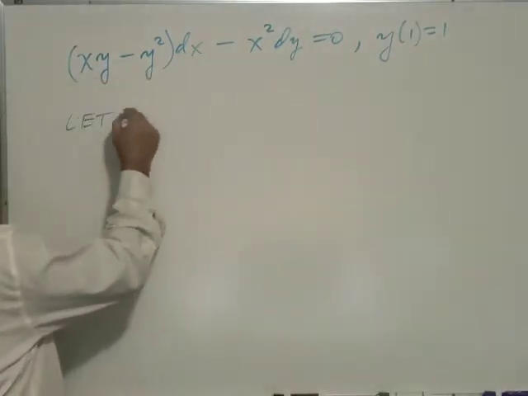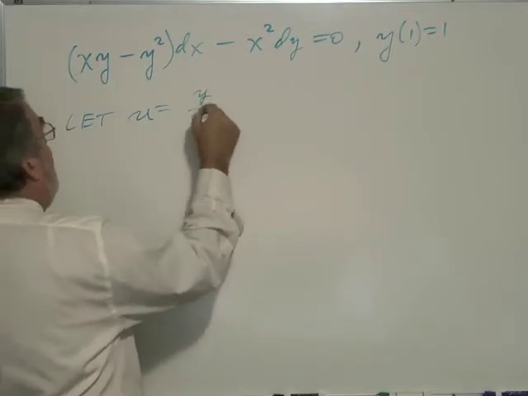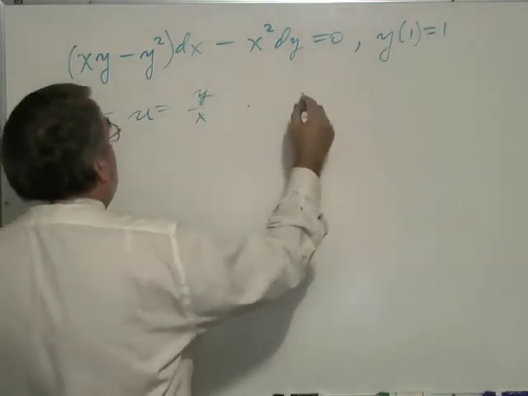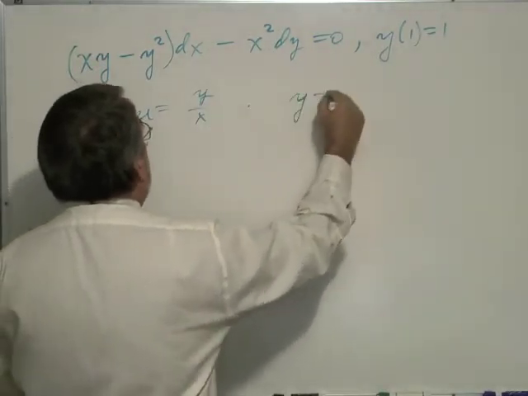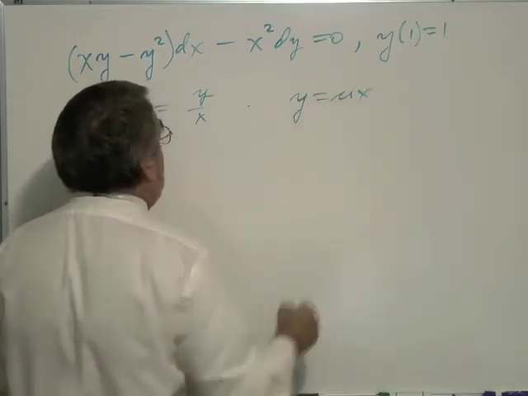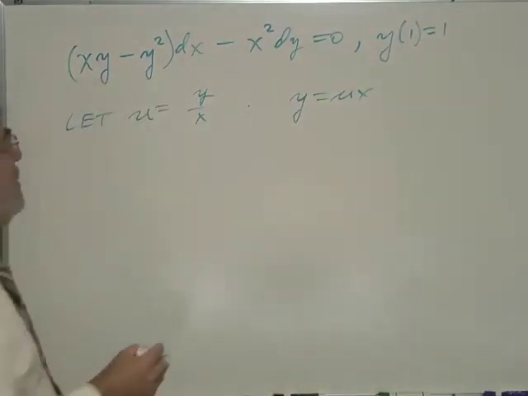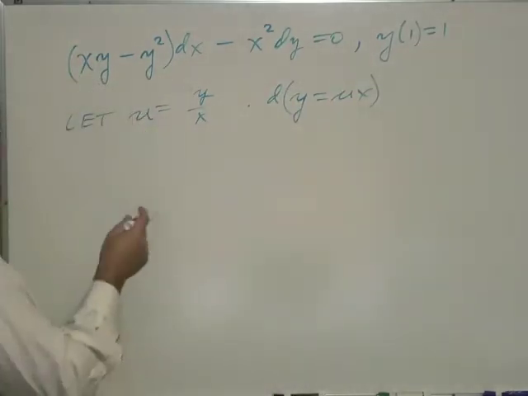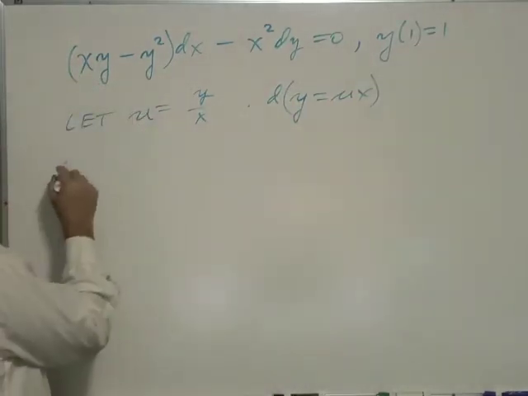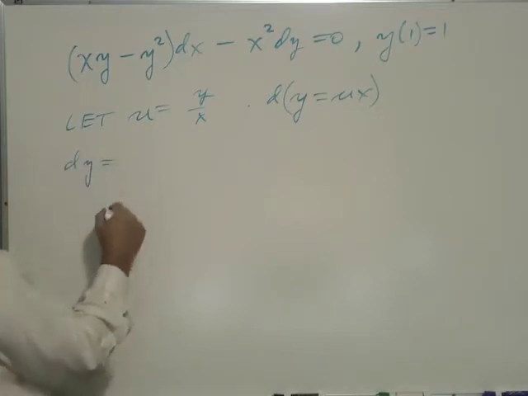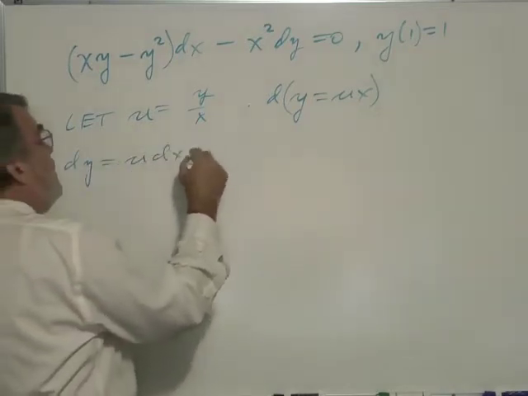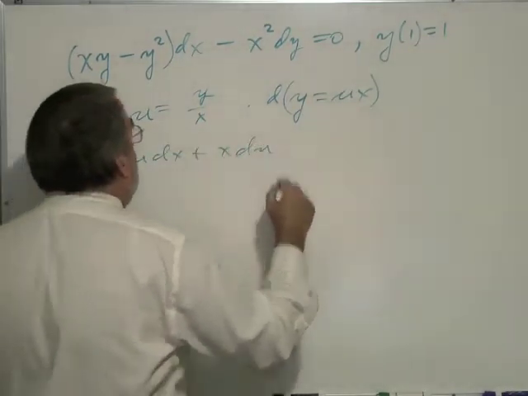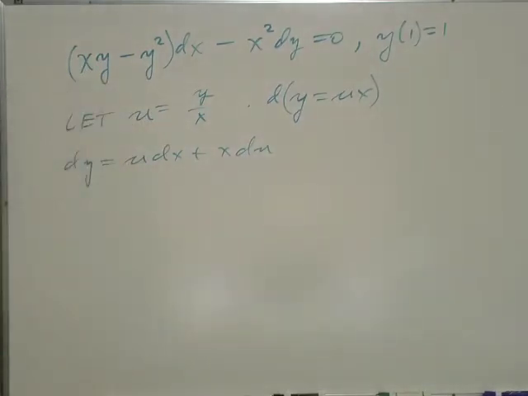So let u equal y/x, which means that y equals u times x. And again, we've got to take the differential, so we can substitute for dy. dy equals u dx plus x du. So let's feed everything into it that we know.